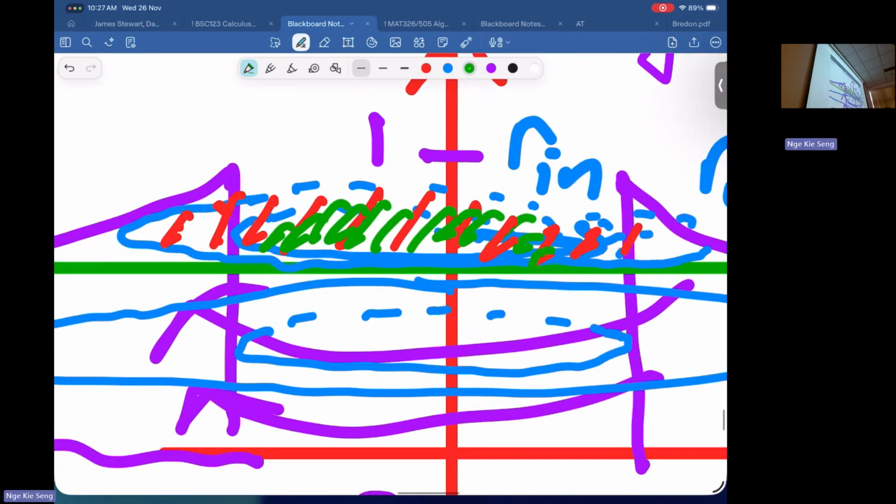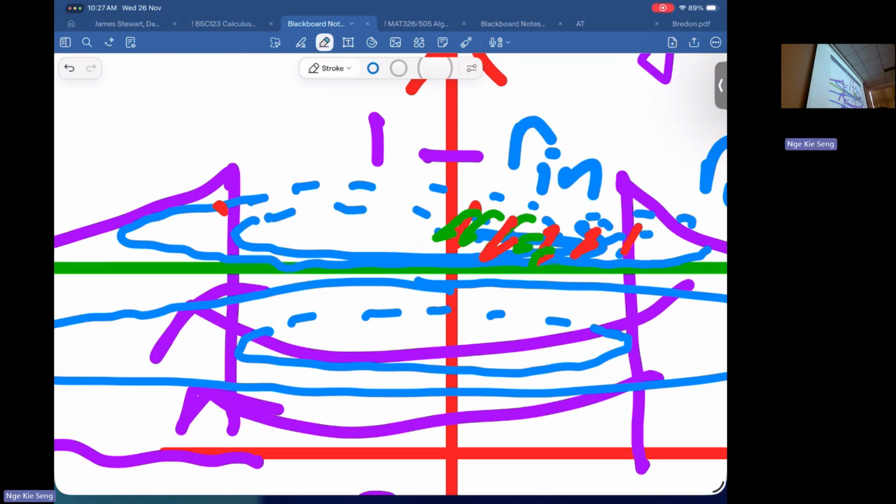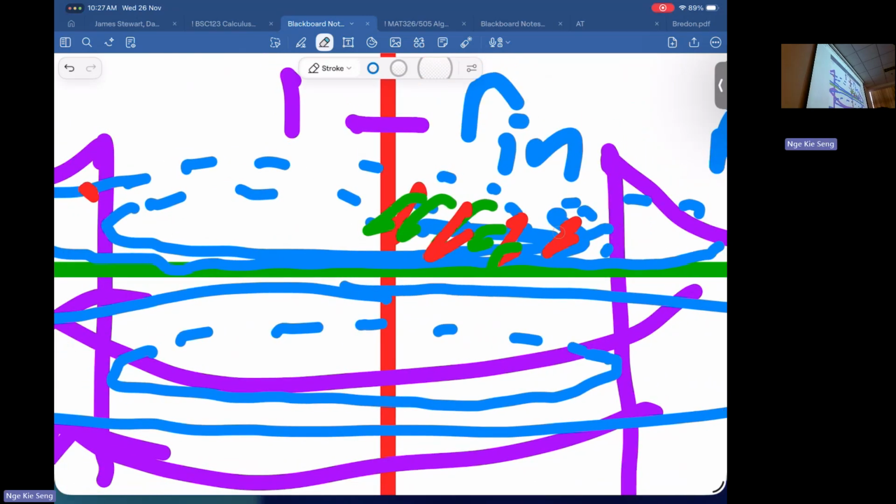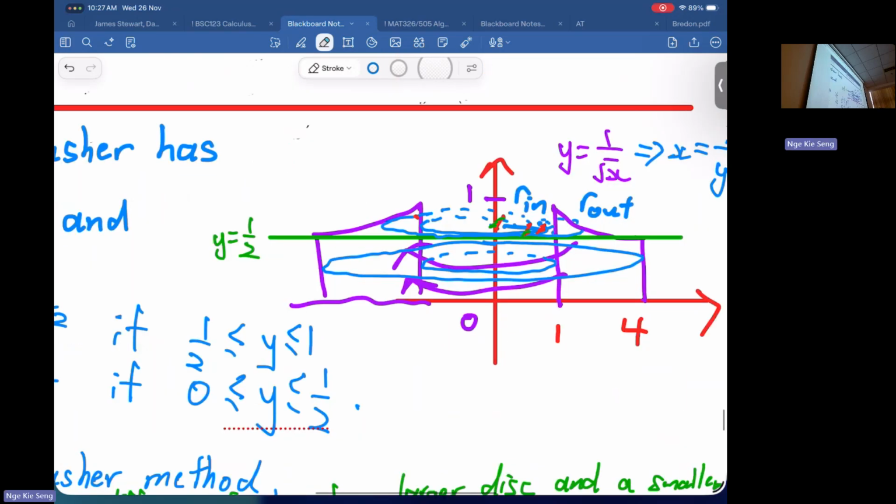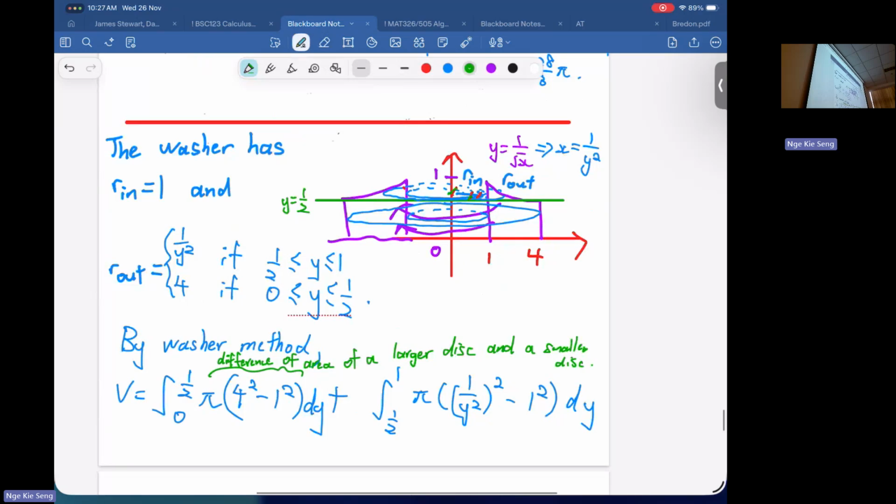Very hard to see, huh? Let me see how I show you. Maybe I should bring this blue thing up. Let me draw here. The blue circle is like this. You have a R out and then a R in. R in is here, and R out on the other side.